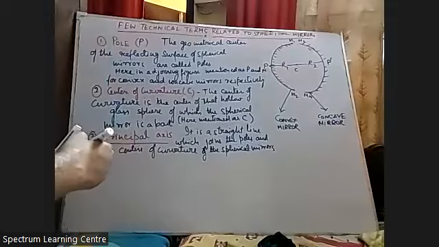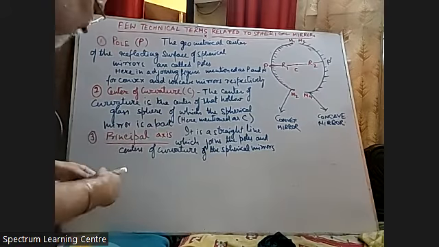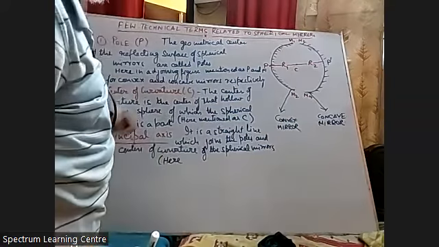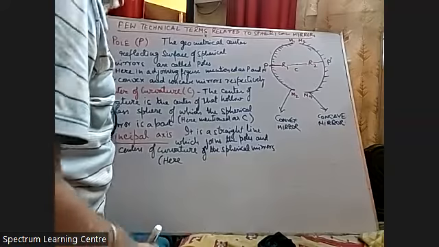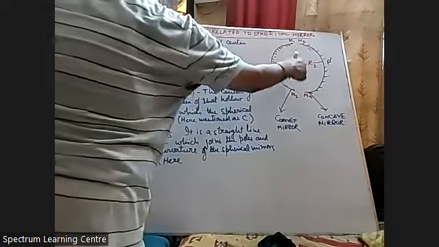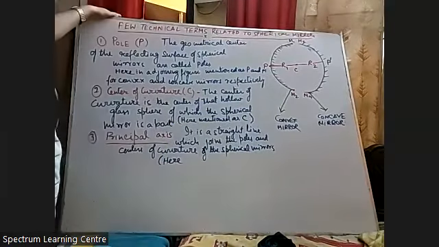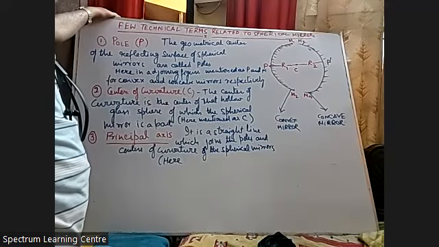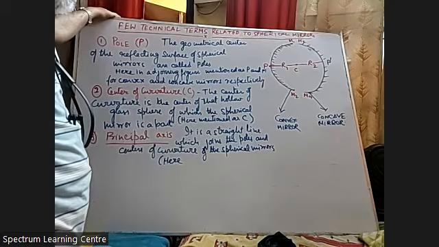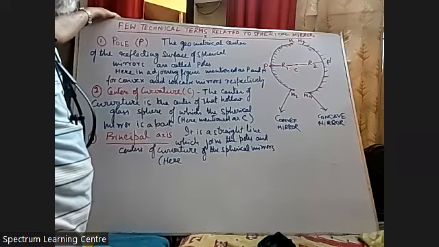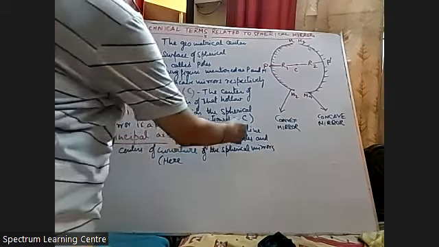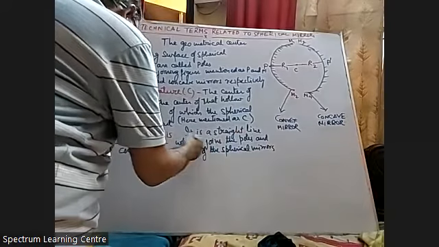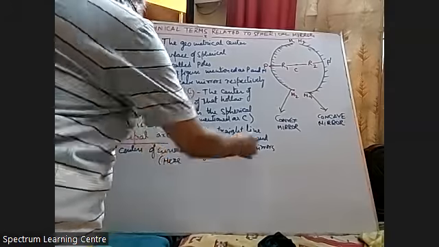Yes, Pratyasha, what is the principal axis of the spherical mirror M1, M2? Which is the line? Name of the line? Sir, it is a straight line which joins the poles and the centers of curvature of the spherical mirrors.